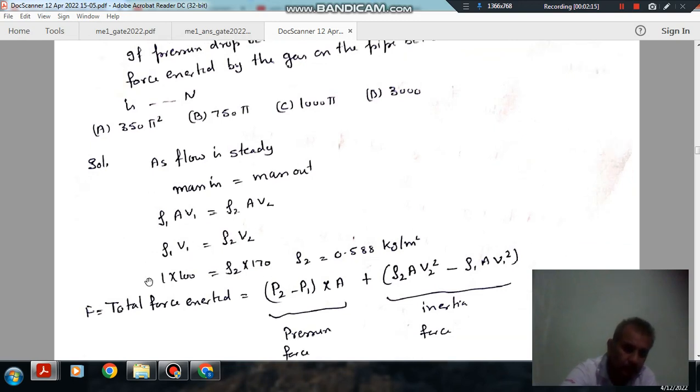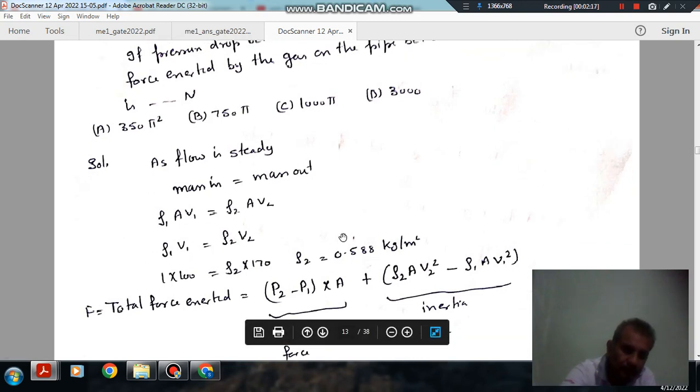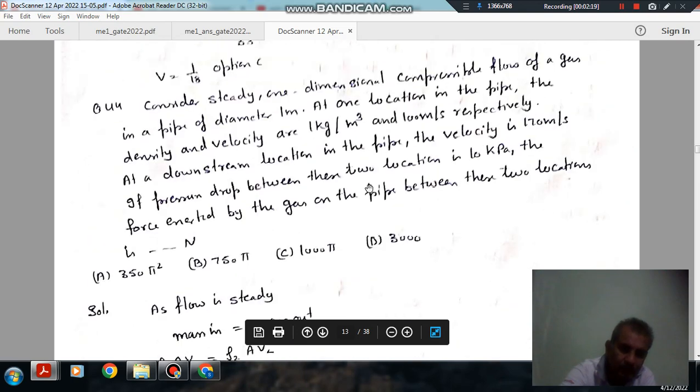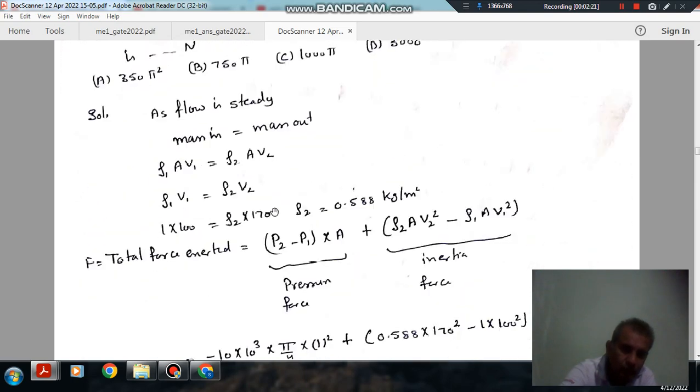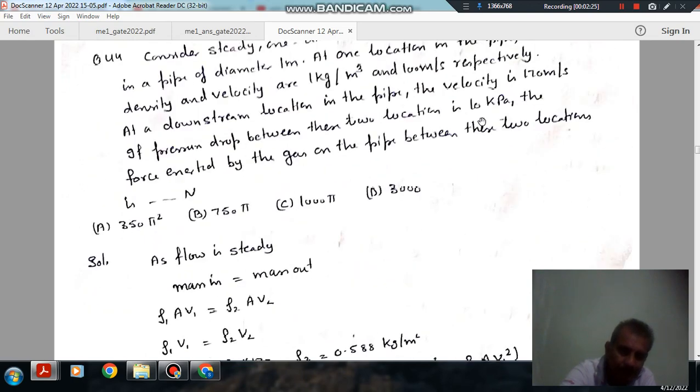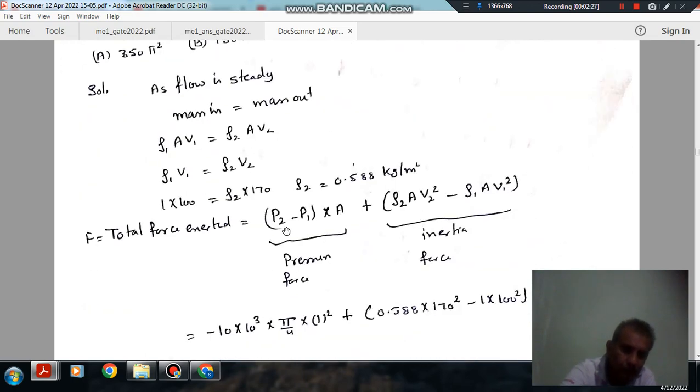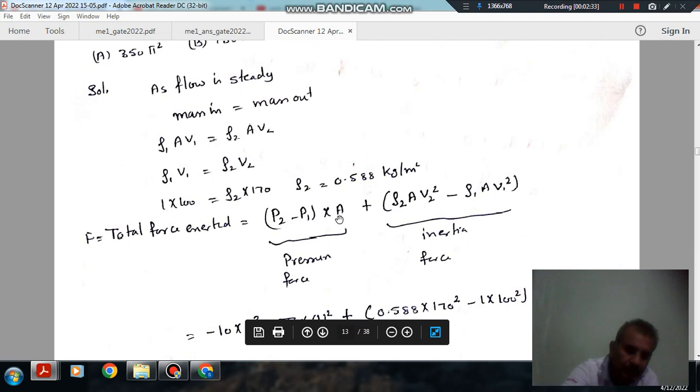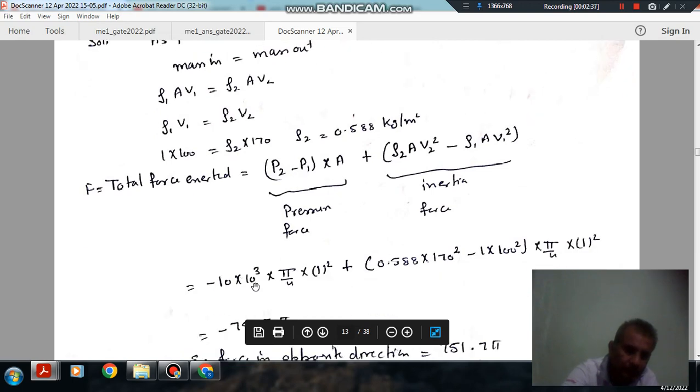Okay, now the velocity is changing and there is a pressure drop between location 1 and 2. P2 minus P1 is given as 10 kPa drop, so P2 minus P1 is minus 10 into 10 to the power 3. The pressure force is P2 minus P1 into A, and this is the area.